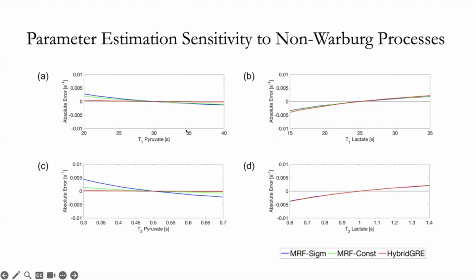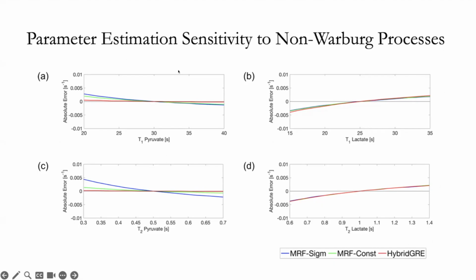Because we're not actually estimating these in the dictionary approach, right now it's just a single dimension of KPL and assuming a T1 of pyruvate, a T1 of lactate, and so on and so forth. So if there is a mismatch between our assumed parameter versus our in vivo, what is the expected error in KPL match? So these figures are characterizing that.